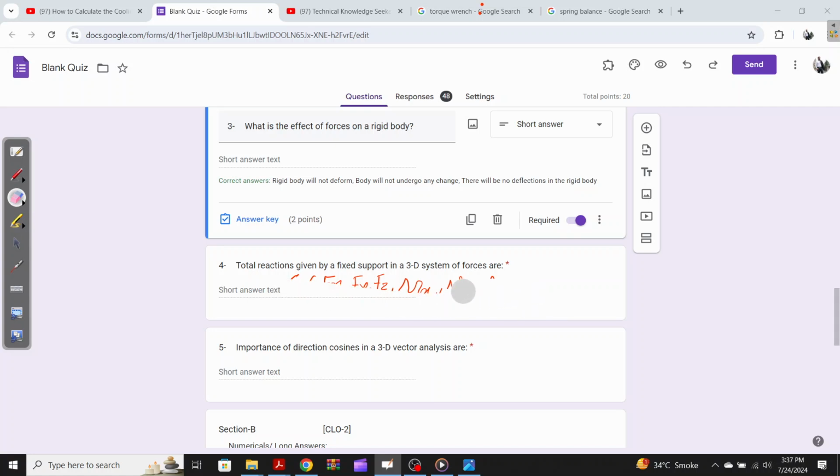Let us come to another problem to enhance our knowledge. He asks about the importance of direction cosines in 3D vector analysis.